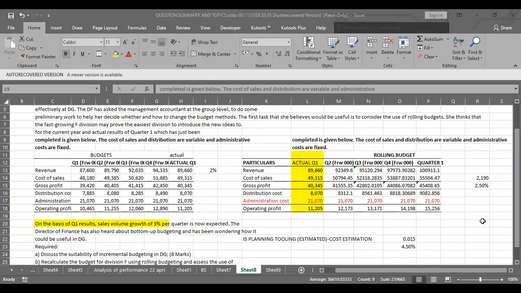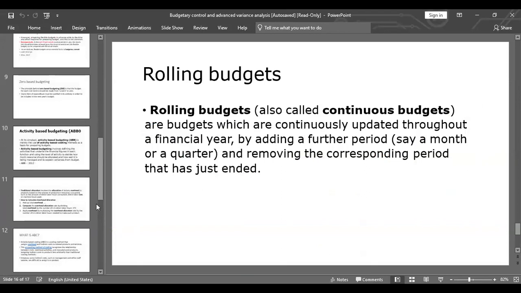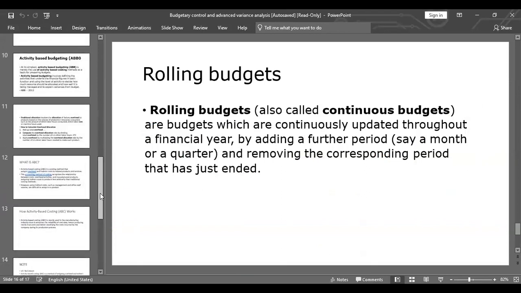Another question? If there's no question, we need to talk about this: incremental budget and rolling budget are always, the difference is almost unnoticeable. So you have to know that, and it always brings a problem differentiating between the two. The few questions I've seen on rolling budget are more theoretical.